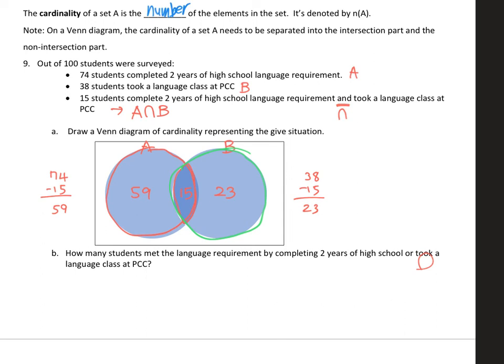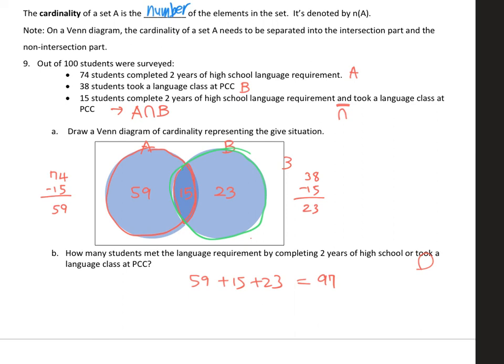So basically it's the union that includes this part. So 59 plus 15 plus 23. When you calculate it out, you're going to get 97. Because they surveyed 100 students, that means 3 people didn't take high school nor PCC. So 3 is outside. That's the complement of all of them.